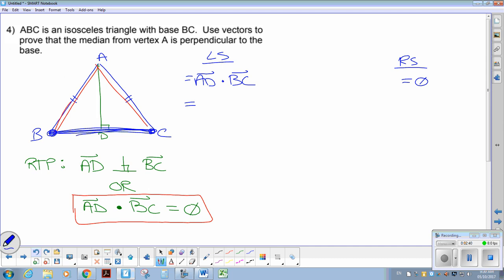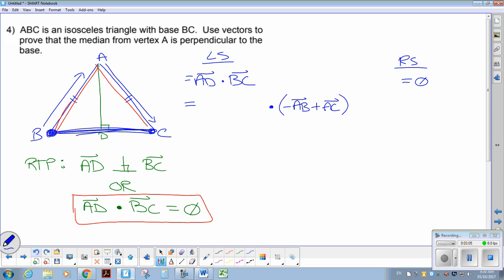I'll leave some space for vector AD dot vector BC. Starting at B, I'm going to go this direction, so I'm going to go negative AB. Then I'm going to go this direction to get to C, so it's the vector AC. So negative AB plus AC will replace the BC vector.